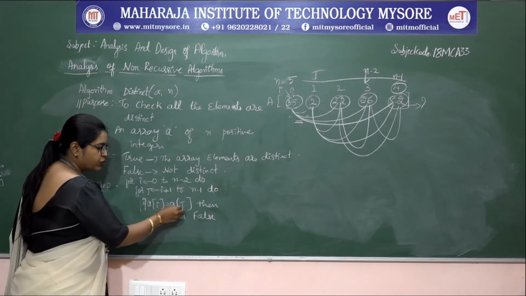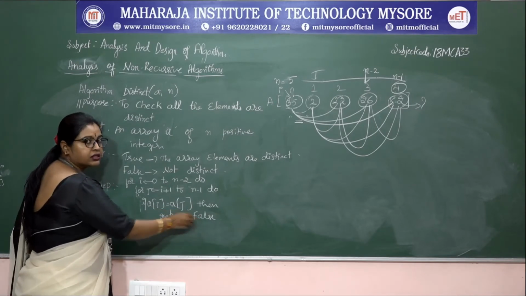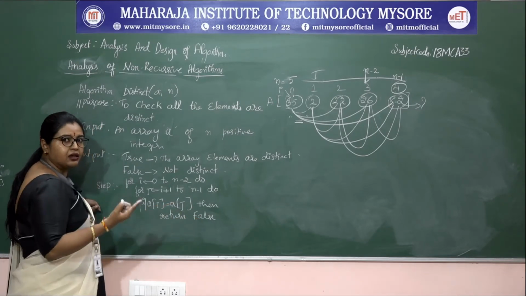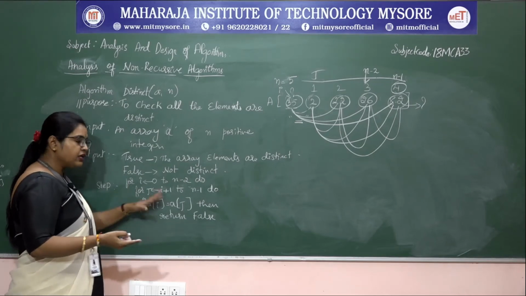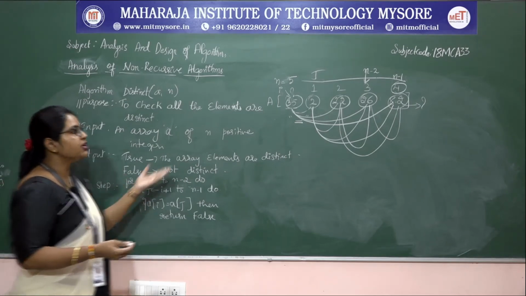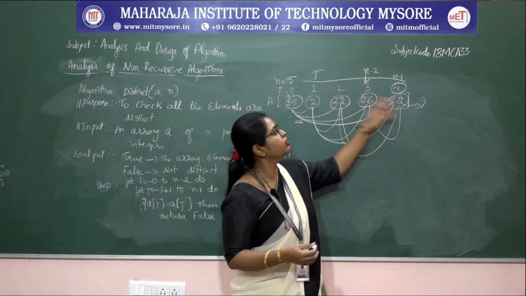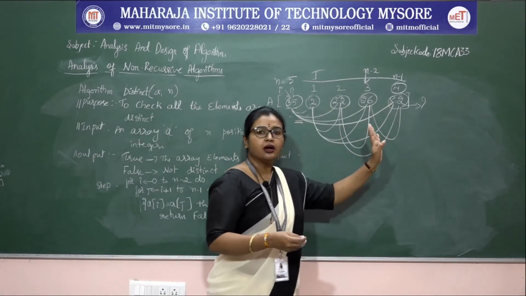Or else you can write it like this also: if a of I is equal to a of j, return false, saying the given elements are not distinct. If the elements are distinct, it will have been checked with all the elements present in the array.